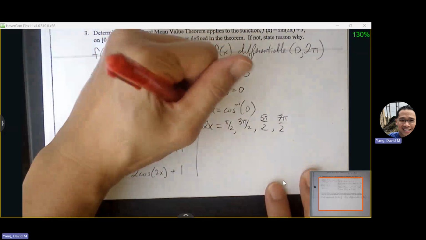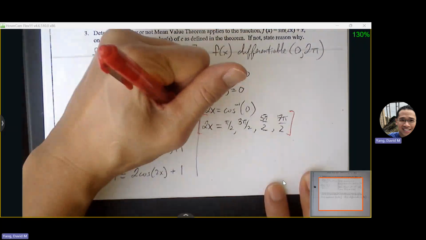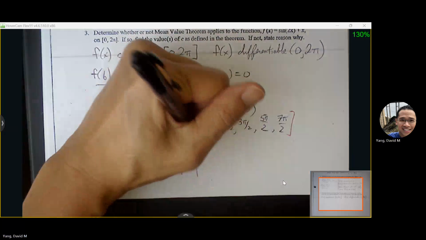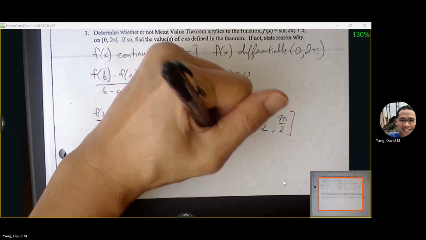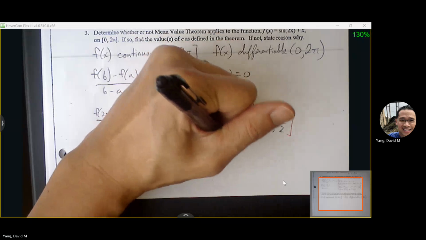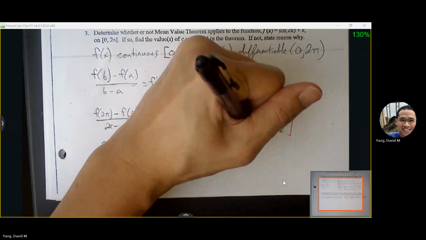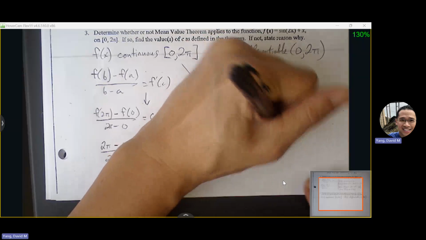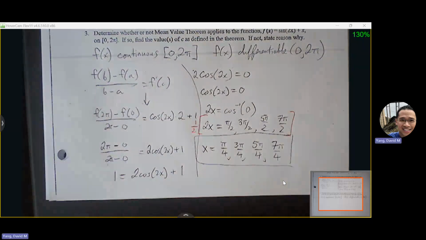Okay, so now if I solve for x, divide both sides by 2 or multiply everything through by 1/2, these all shrink down to values that now fit inside from 0 to 2 pi.